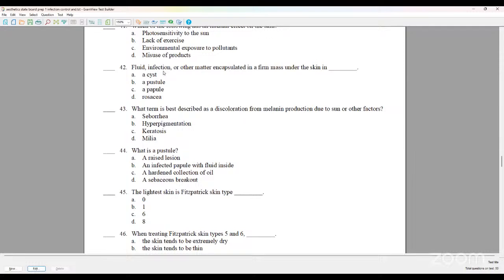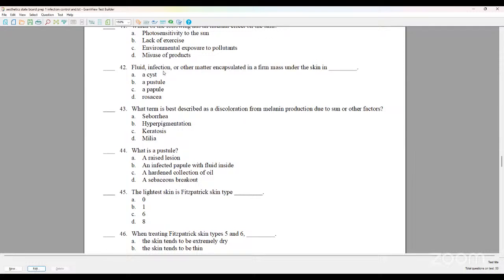Now, pustule and papule, same category. A papule would be a hard pimple. A pustule would be an infected hard pimple. It has pus in it. 44 is going to be, drum roll please, B. Yes. A sebaceous breakout.